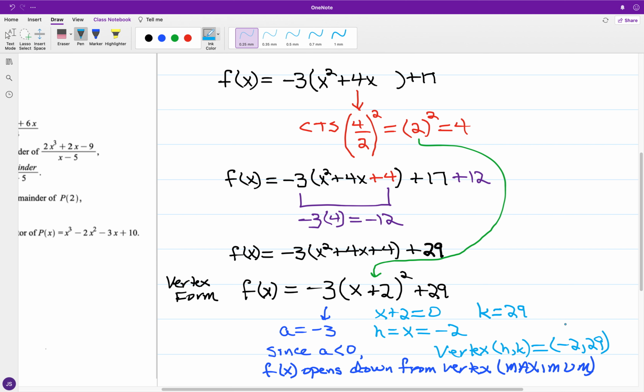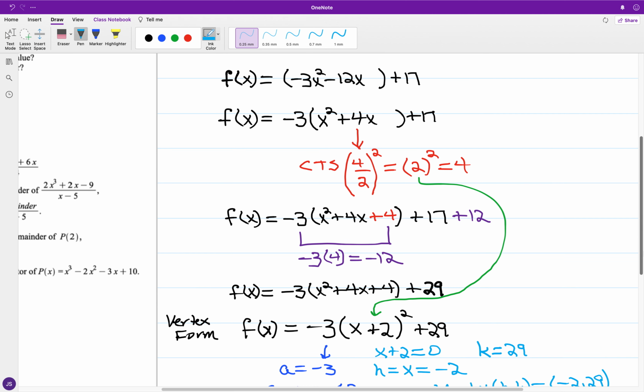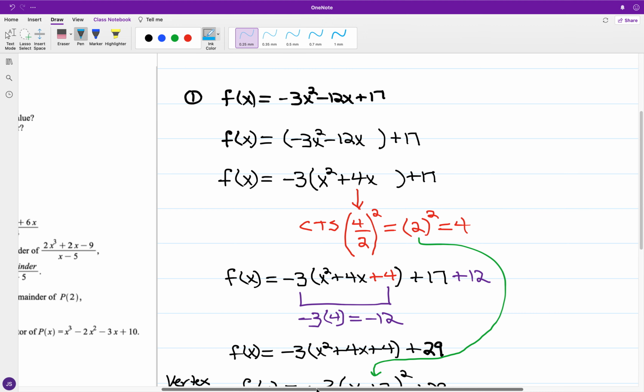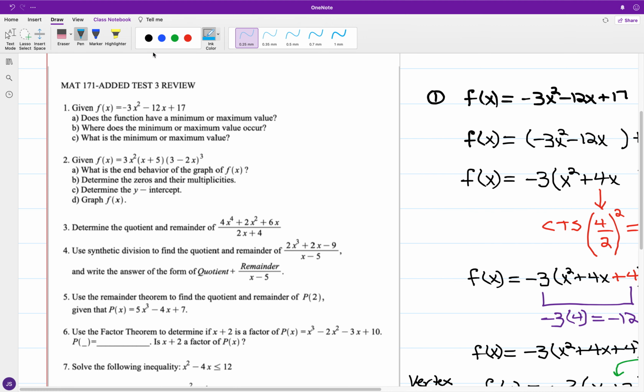And so just for this problem, going back to the portions here, we have: does the function have a minimum or maximum value? Because the graph is opening downward, the vertex will be the peak point. So it's going to have a maximum.